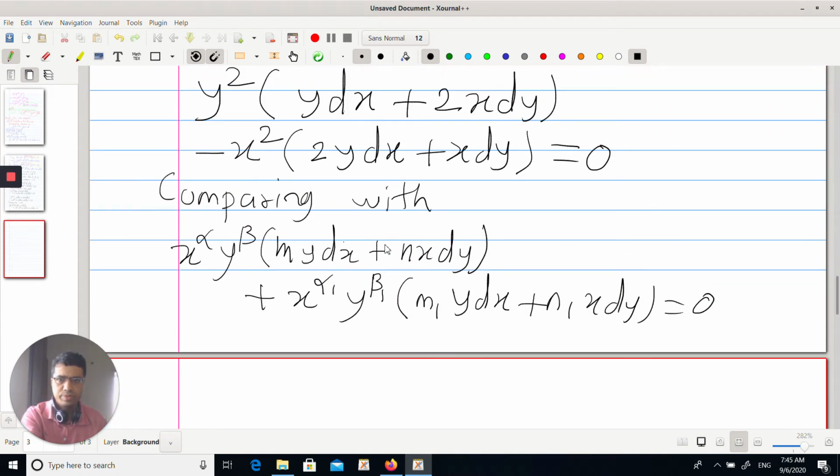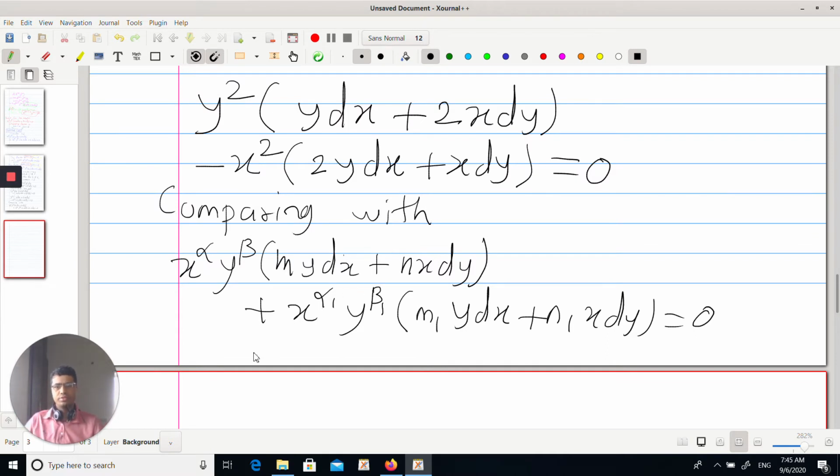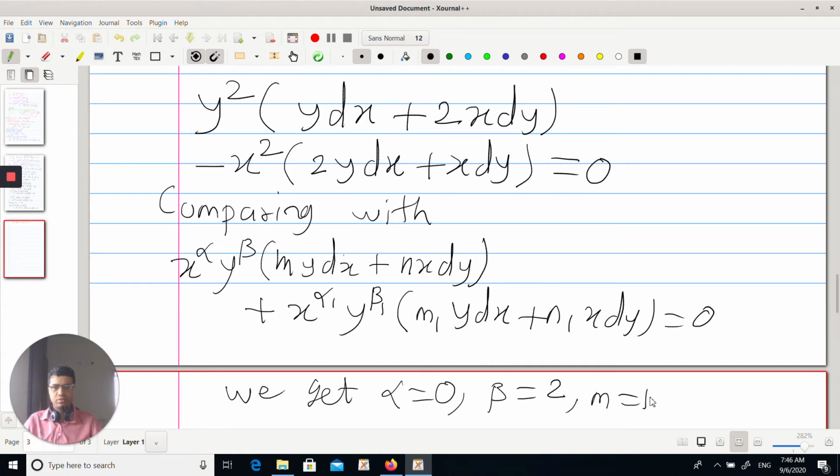So now we find the unknown things. We get alpha equal to 0, beta equal to 2. Then in my dx, m is 1. In nx dy, our n is 2.